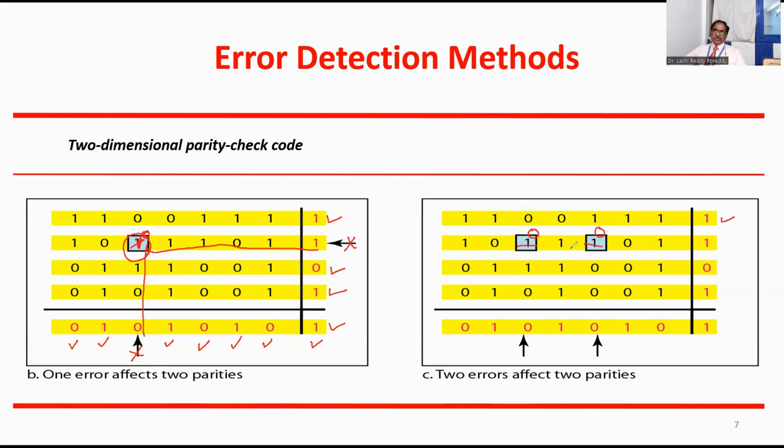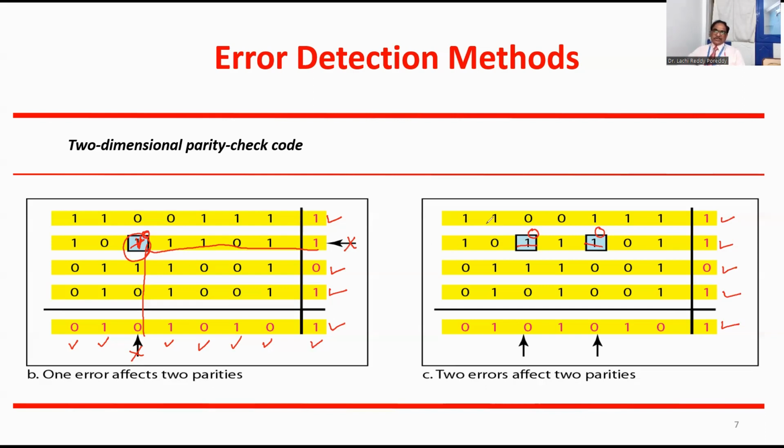The second row, 1, 2, 3, 4, even number of ones, correct. Third row, 1, 2, 3, 4, even, correct. Fourth row, 1, 2, 3, 4, even, correct. Fifth, 1, 2, 3, 4, even, correct. So all rows are okay, no errors in any of the rows. Of course, there are 2 errors in the second row, but with this number of errors they are not detectable by rows. That is what is being observed at this point.